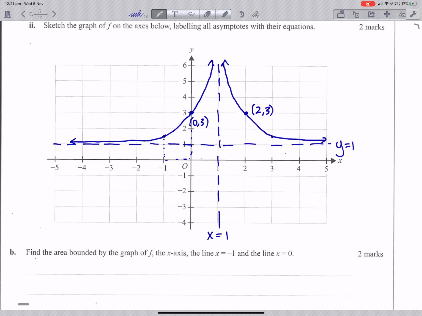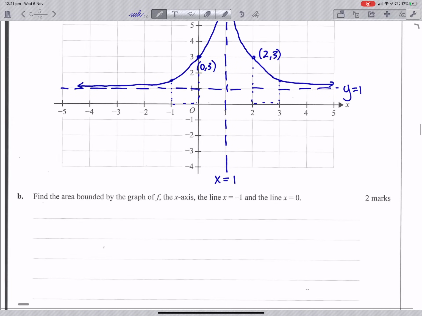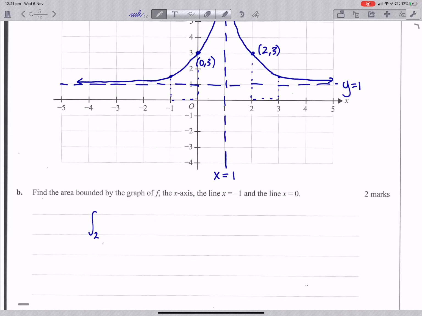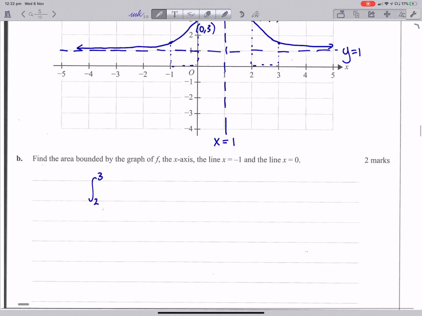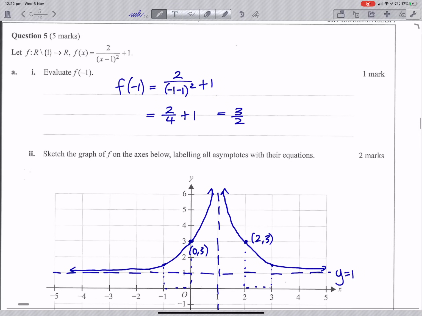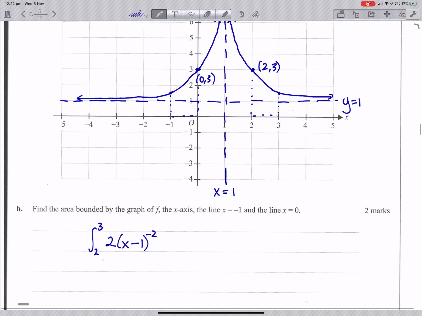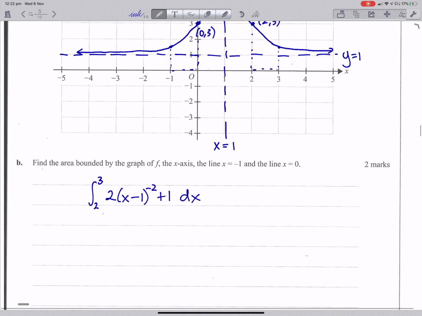If you wanted to, you could go from 2 to 3, just by symmetry, which I'm going to do. 2 to 3 of 2 on, I'm going to rewrite it as 2 times (x minus 1) to the negative 2 plus 1 dx.